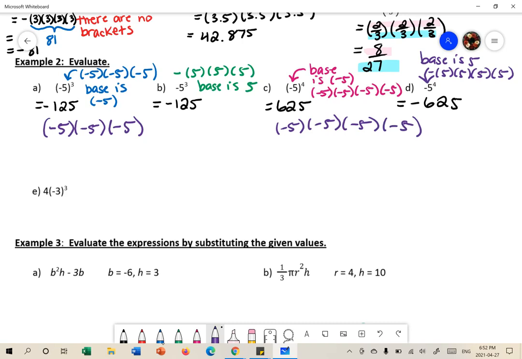So really, this is negative times a negative will make a positive, and then positive times the last negative here will end with a negative. But in C, these two negatives will make a positive, these two negatives will make a positive, and these two positives will end in a positive value. So not only do brackets alter your base value, the exponent being an odd or even number will also alter whether or not your answer is positive or negative.